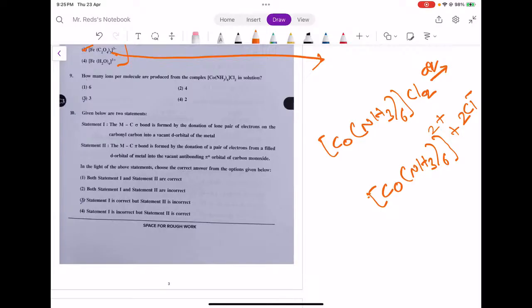The 2 chloride ions are the counter ions. 2 chlorine atoms are present in the compound, so 2 Cl minus counter ions and 1 complex ion, total 3 ions. We will get 3 when this compound is dissolved in water. Option is 3. Next question, students.